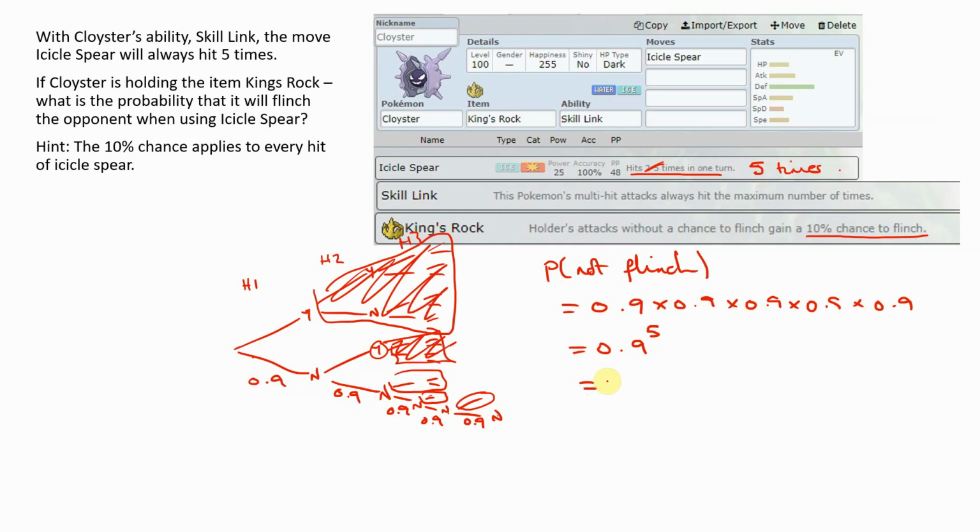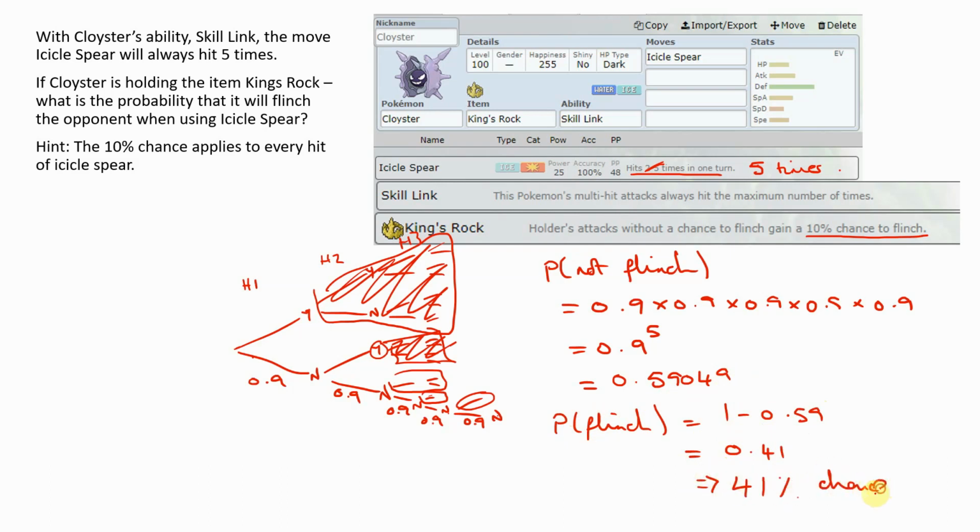What that gets us is 0.59049. So the probability of it flinching is going to be 1 subtract this, so roughly 0.41 minus these few decimal points there. So that is a 41% chance.